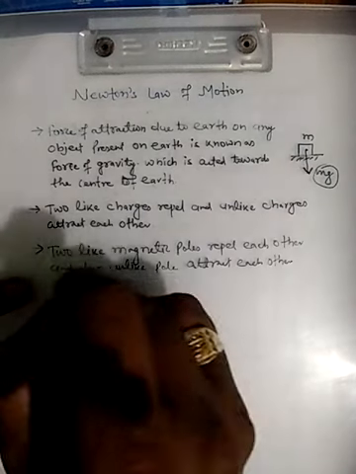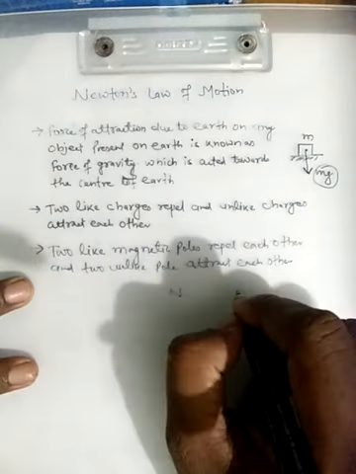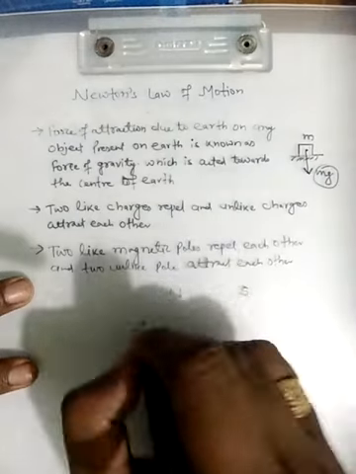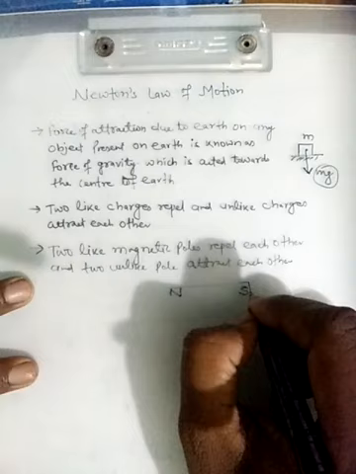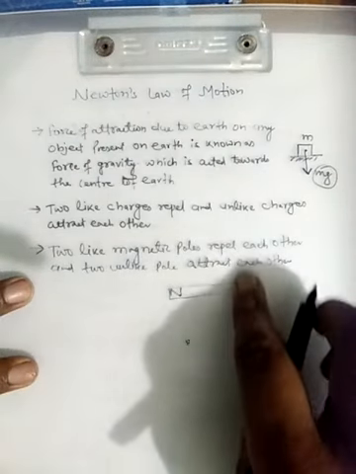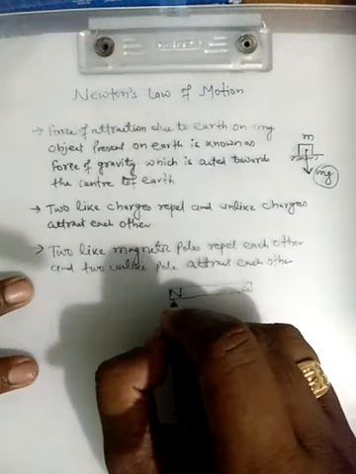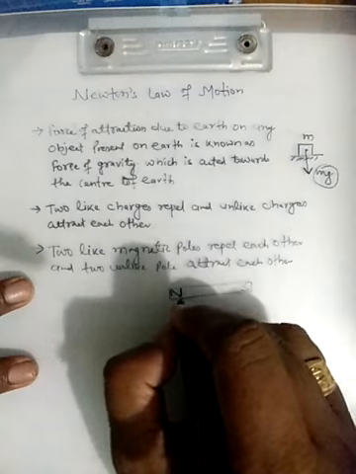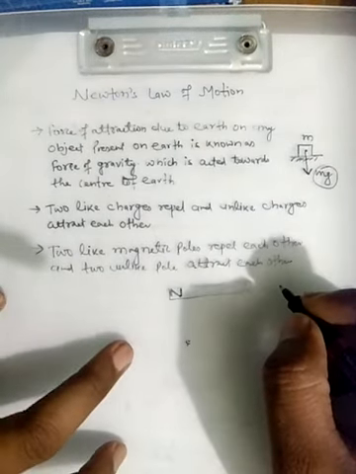Another example is magnetic poles. This is a bar magnet. One magnetic pole is north and the other magnetic pole is south.